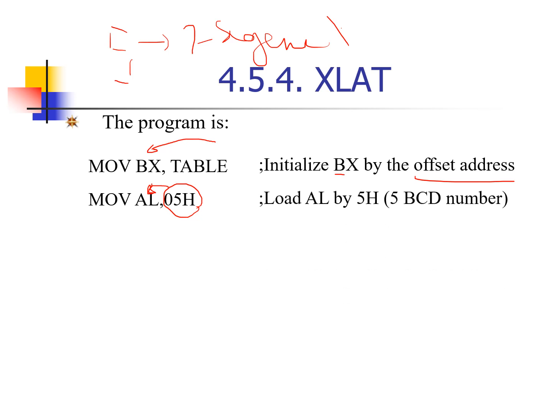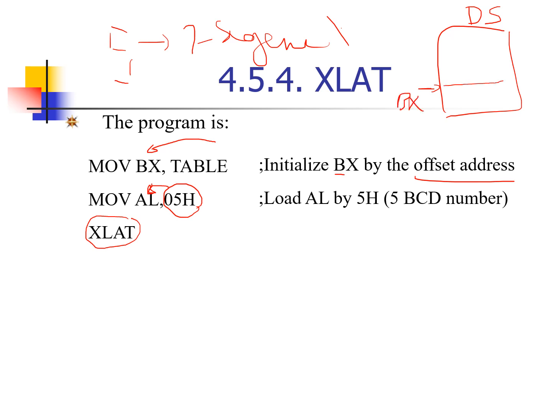Then translate. What this instruction does is this. It will go to your DS memory location, where in your data memory segment it will get data from. It goes first to BX, which gives you the starting address of the table.